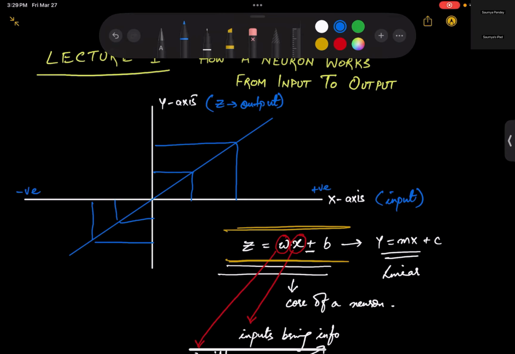So when we see negative, we have a weak signal. We call it weak. And this part is positive and we call it strong signal.